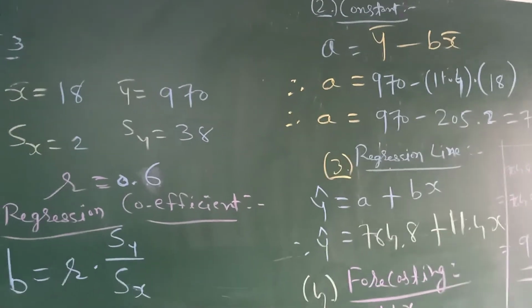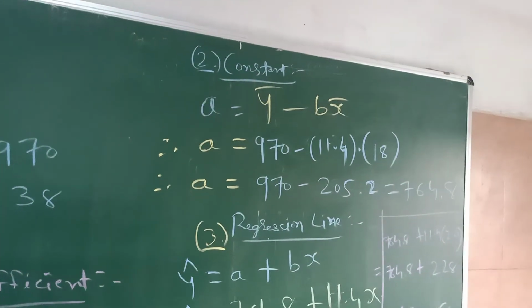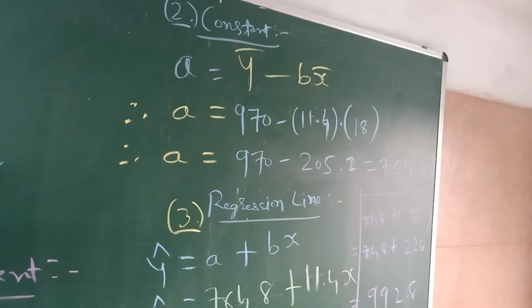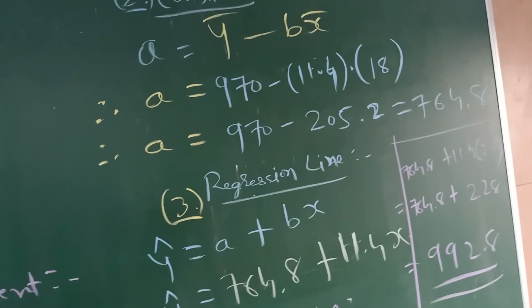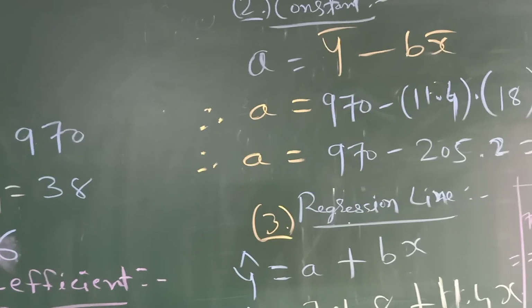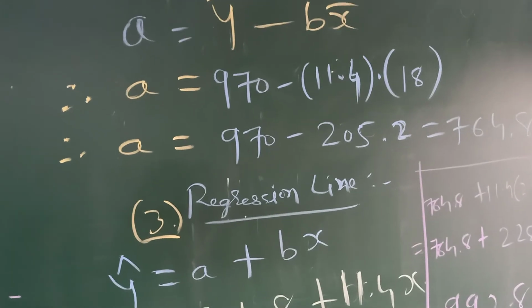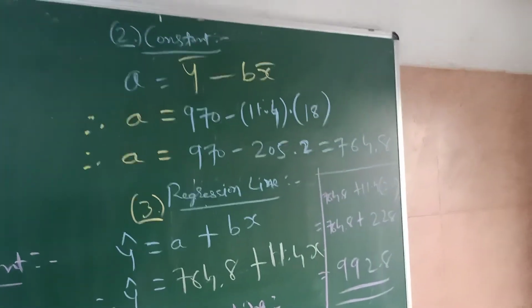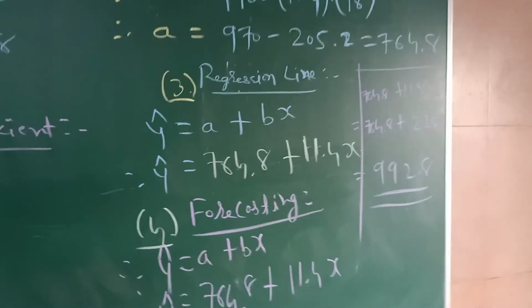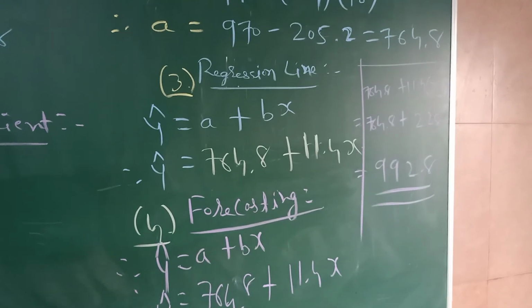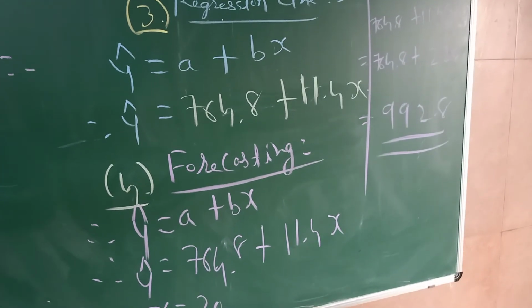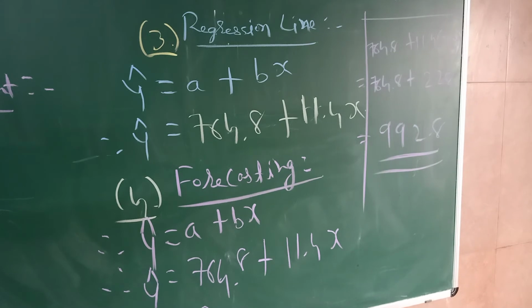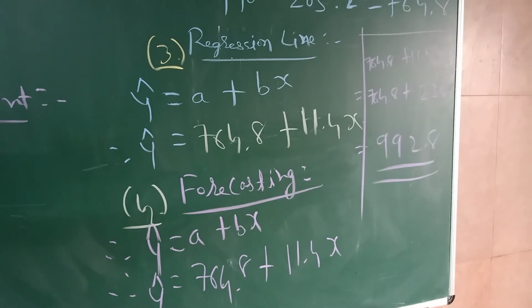After finding the regression coefficient, we find the constant, that is A, y bar minus b x bar. After the constant, we find the regression line, y cap is equal to A plus Bx. And after the regression line, if they ask, we have to do the forecasting also.